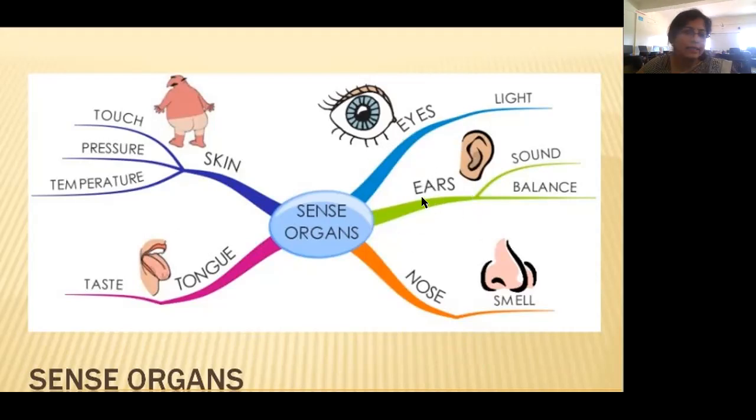Then comes your ears. You are able to hear me through ears. Then comes your eyes, the beautiful two eyes which help you to see the world. Correct? These are the 5 sense organs in your body.